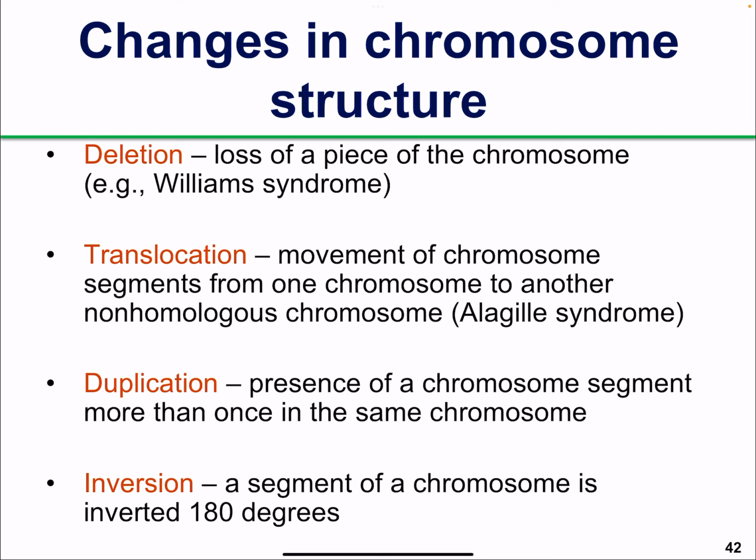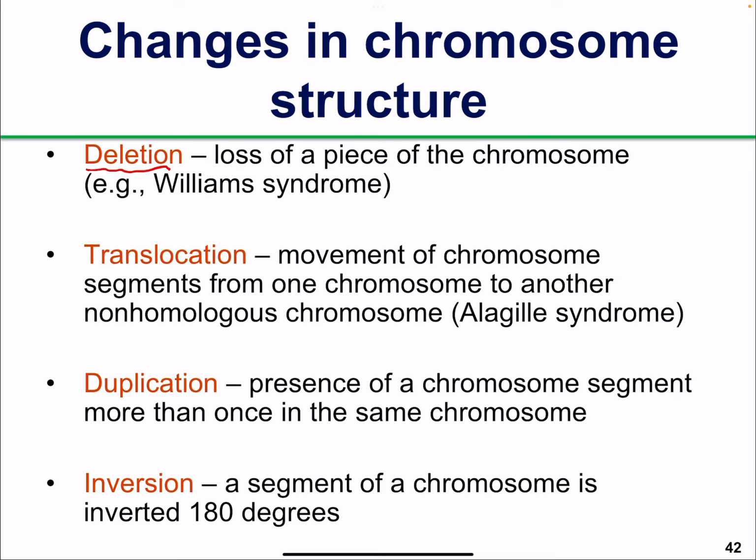Now, beyond that, the chromosomes can be modified during the cell cycle. When these chromosomes are modified, there are a number of consequences that are going to happen. Some modifications are going to be deletions. Deletion is when there is loss of some genetic information.